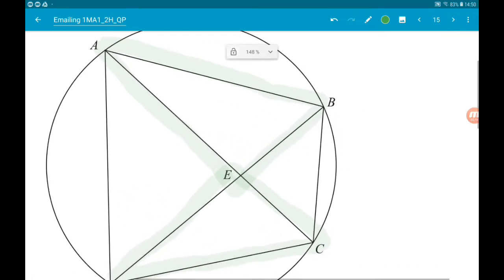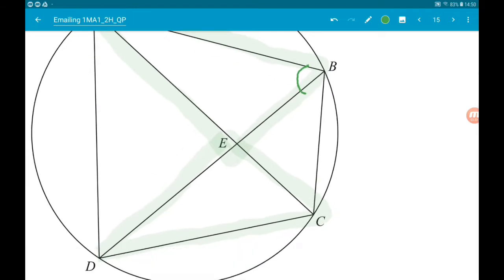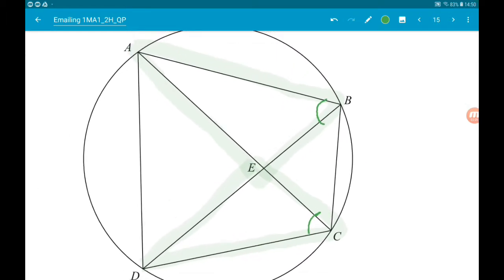Now, by this circle theorem, this angle here is the same as this angle here. So the first thing we should say is that by angles in the same segment, angle ABE and angle DCE are equal.